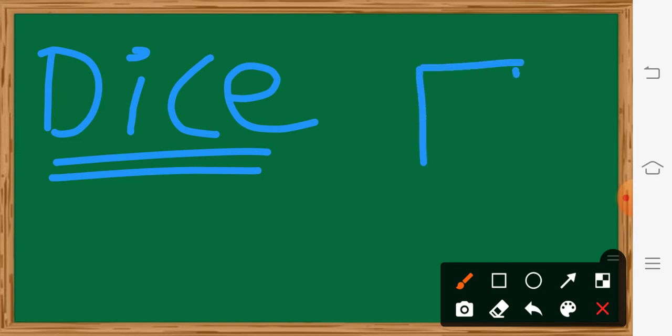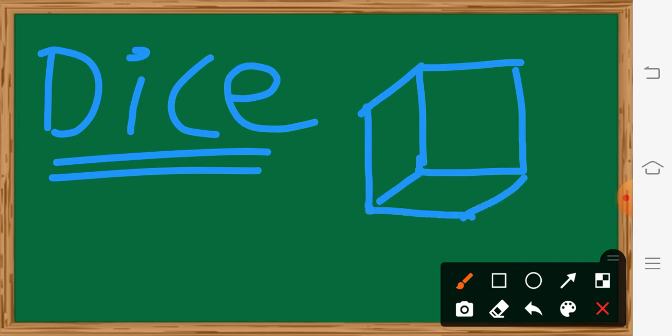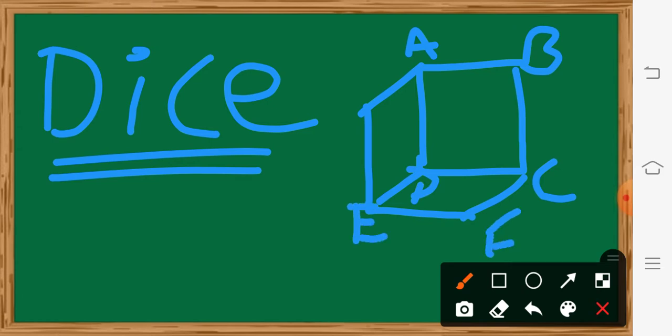Dice. Dice has 6 faces. This is a dice. A, B, C, D, E, F, G. It has 6 faces.